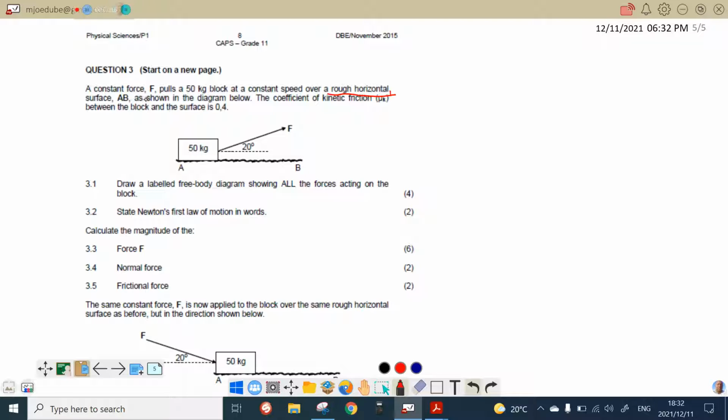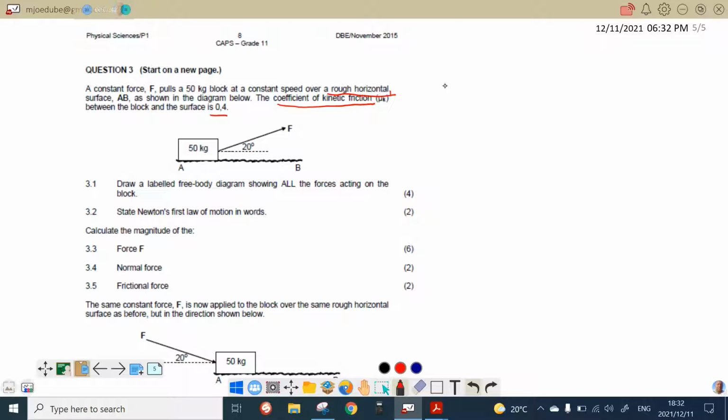Then AB, that's the plane on which the object is moving. The coefficient of kinetic friction mu k between the block and the surface is 0.4. So we are going to apply that, and this is going to help us. That mu, or the coefficient of friction, is going to enable us to calculate the frictional force that acts on the block.